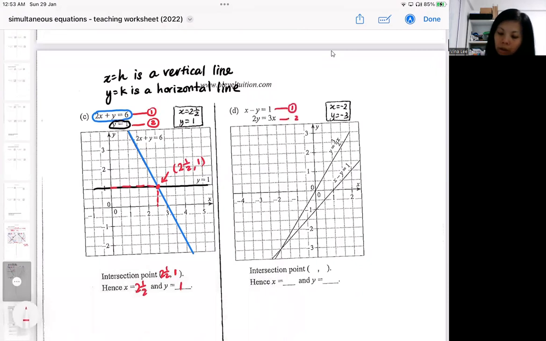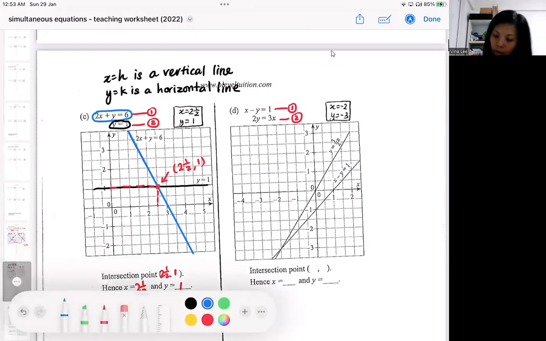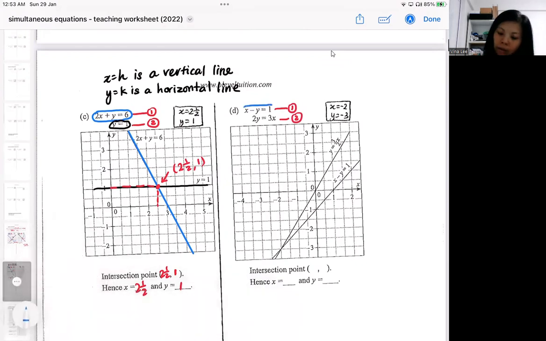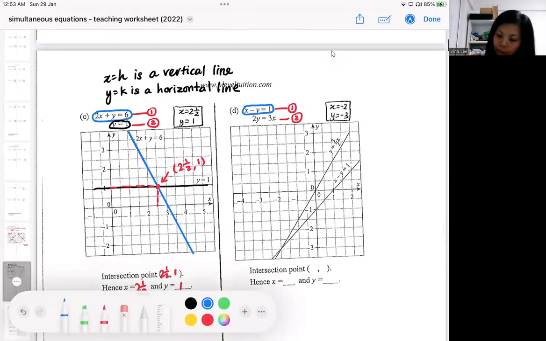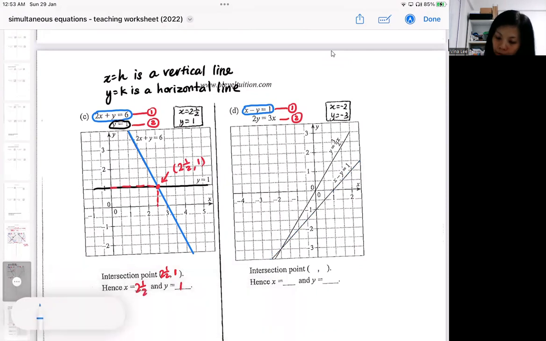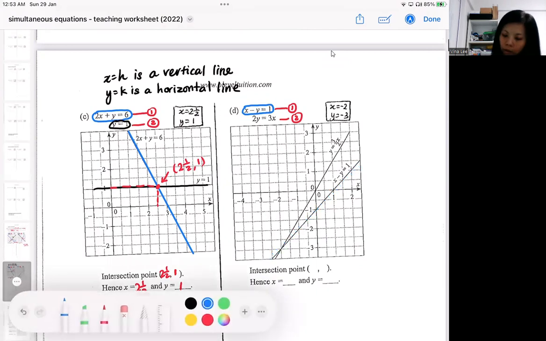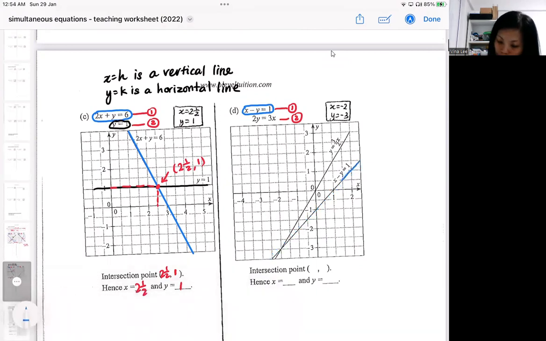So equation 1, equation 2. Okay, let's try to get the idea first. The first equation is here. Let me draw properly this part. Sorry, let me just draw it properly.